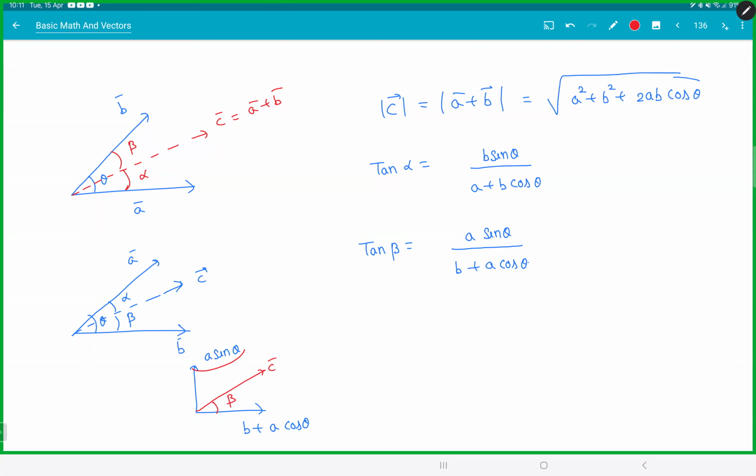So tan beta will be opposite side by adjacent side. Clear? See, did I tell you where is A and where is B? I can keep them wherever I want, right? So for the first case, put A horizontally. Second case, keep B horizontally. See, basically you're just turning the page like this. You're just turning your head and changing the orientation. But got it? How we got this?